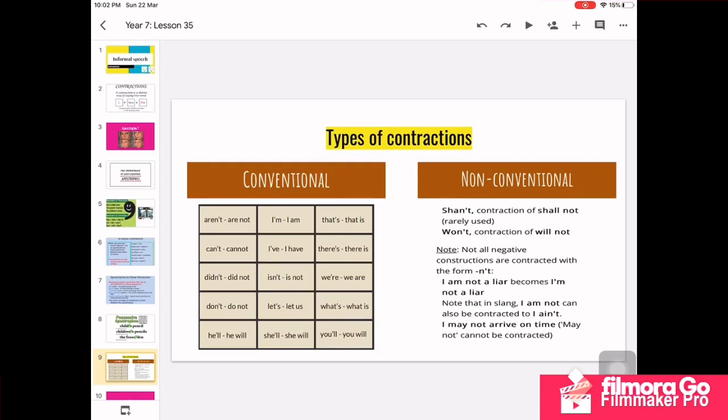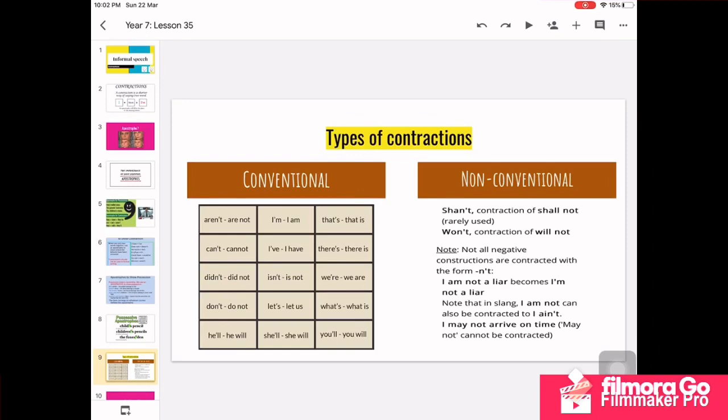Shalt or will not, probably won't. It's very hard for you to pronounce or even to remember because it's very unconventional. That's why it's easier to contract it to become won't, W-O-N-T. Just remove I-L-L in will and then combine it with n't.